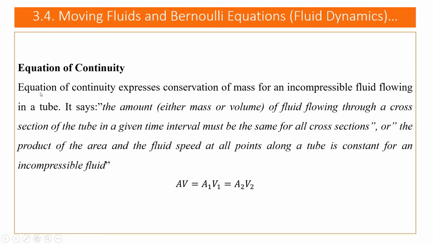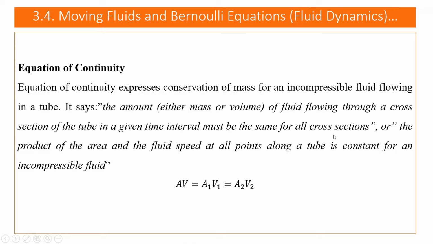Okay, having this in mind, now let's see the equation of continuity. And this equation of continuity expresses the conservation of mass for an incompressible fluid flow in a tube. So it says that the amount of fluid flowing through a cross section of a tube in a given time interval, we have to consider the time interval, must be the same for all cross sections.